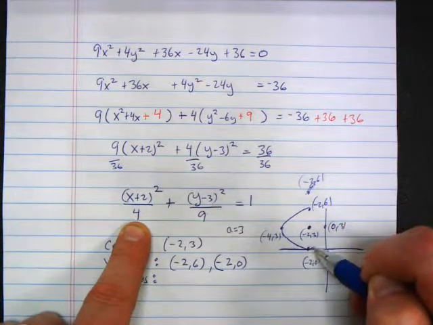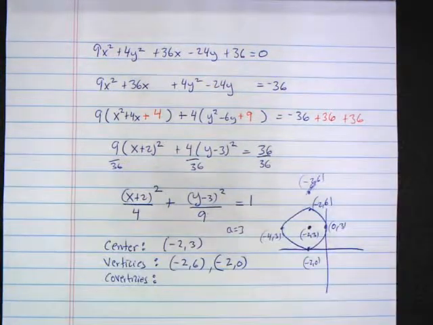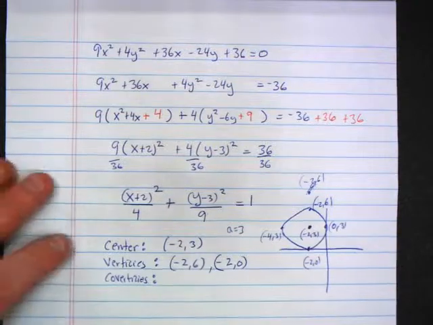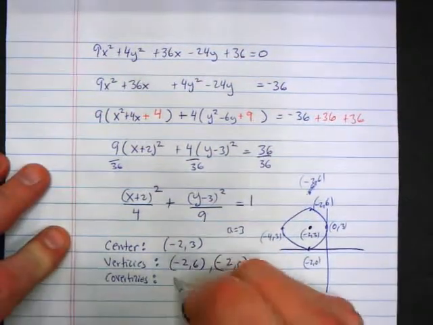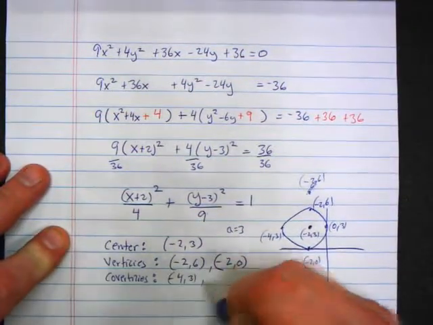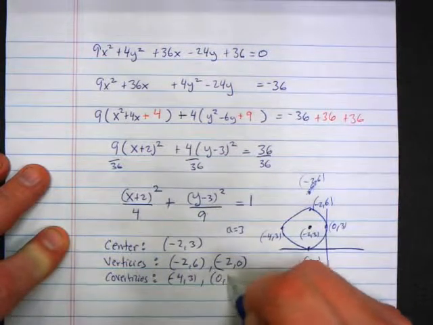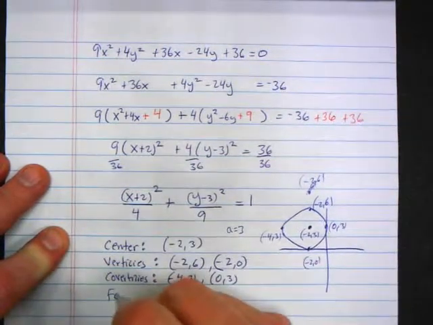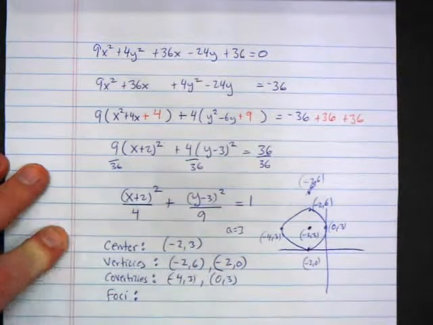Because my scaling is bad, this does not look like an ellipse, which is tall and skinny, but it's supposed to be. Bad scaling. Negative 4, 3, and 0, 3. And finally, how about the foci?